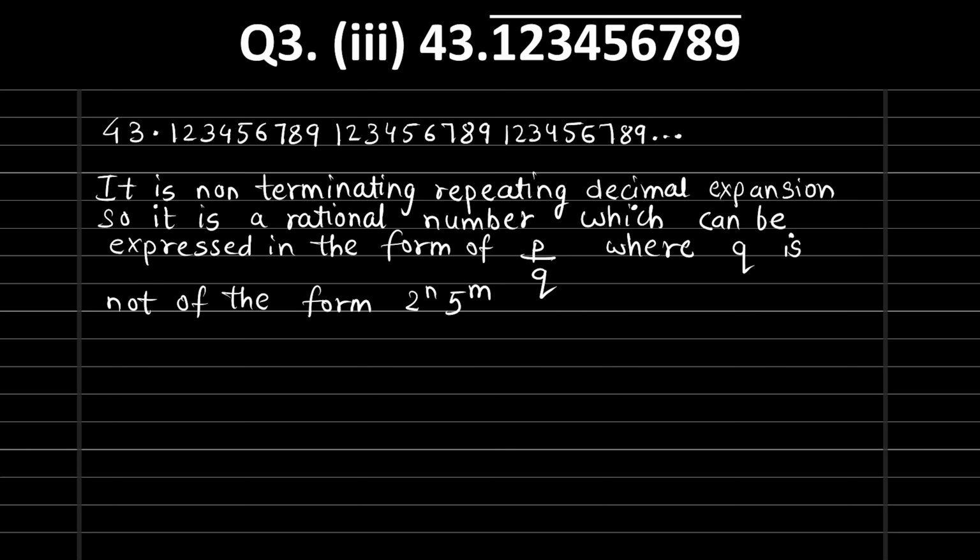Definitely in the denominator of this rational number, you will have some other prime factor also apart from 2 and 5. So, we can say that the prime factorization of Q is not of the form 2 raised to n into 5 raised to m, where n and m are whole numbers.